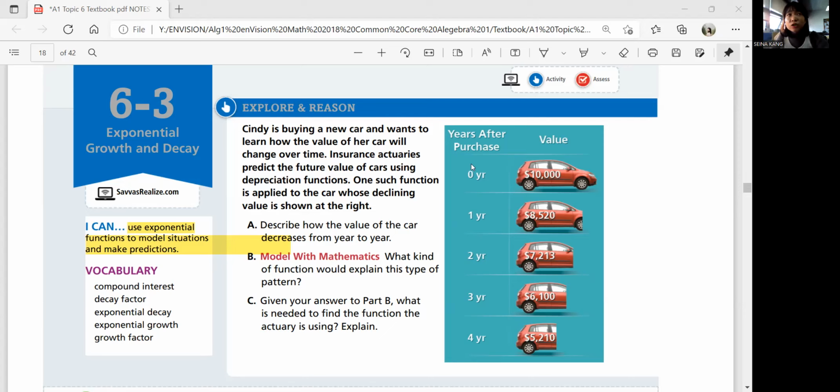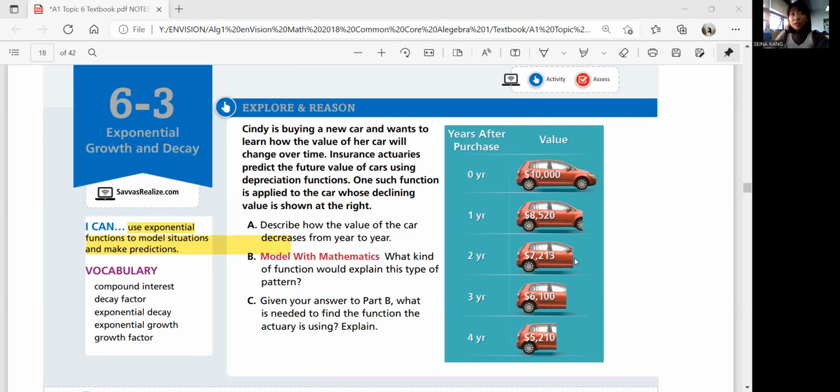So as soon as you buy the car, which may be $10,000, after a year, the value drops to $8,520. And then after another year, it drops to $7,213. And then the next year, $6,100. And then the next year, $5,210.